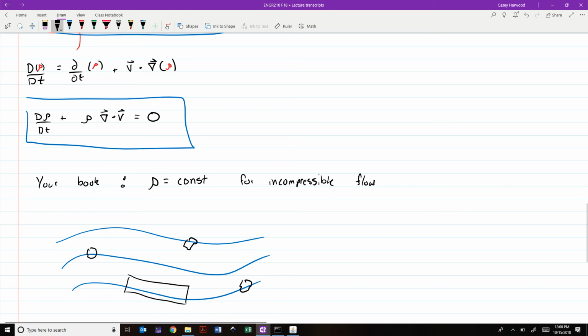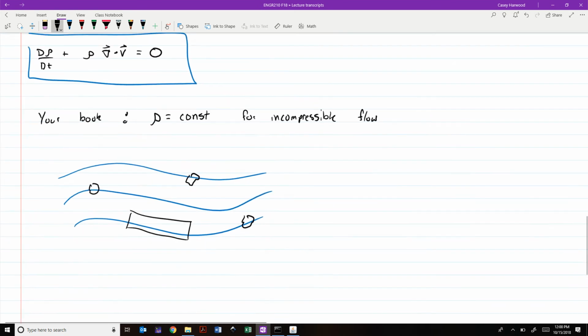right? So really what we would want to say about incompressible flow is that, rather than requiring that the density is constant, the density of an individual particle remains constant. And how do we write the time rate of change of an individual particle? Using this material derivative, right? The big D rho dt.